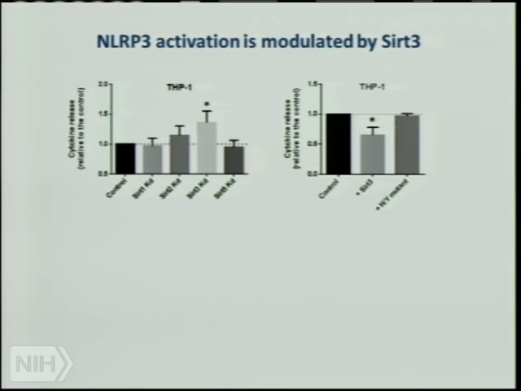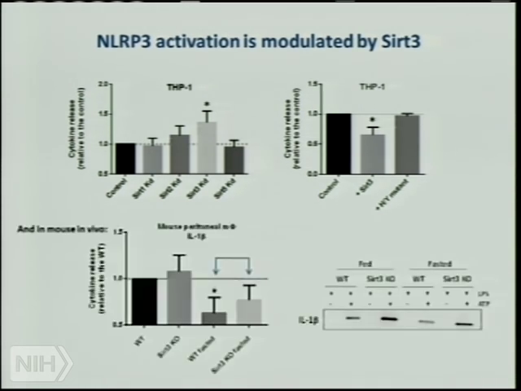He then looked at overexpression of SIRT3 and showed he could decrease IL-1 beta release, and when he used the deacetylase mutant, this effect was attenuated. He then repeated his fasting studies comparing the wild type and the knockout animal, and showing that in the fed state there was no difference, pretty similar to in fact what we saw with the liver and acetaminophen.